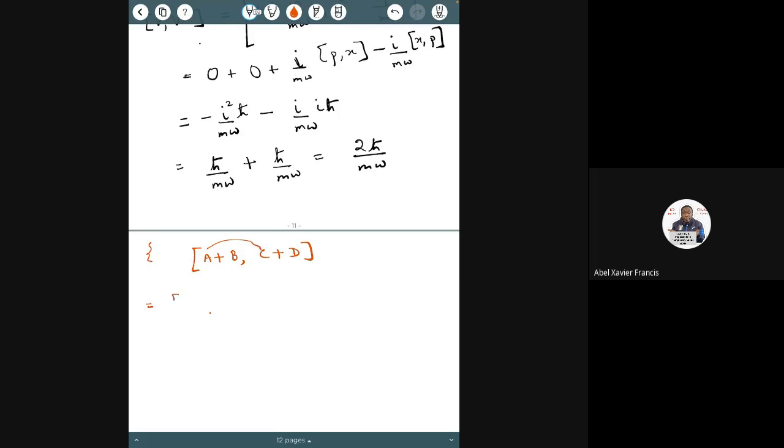So you can have AC commutator plus BC commutator plus AD commutator plus BD commutator. So this you can do.